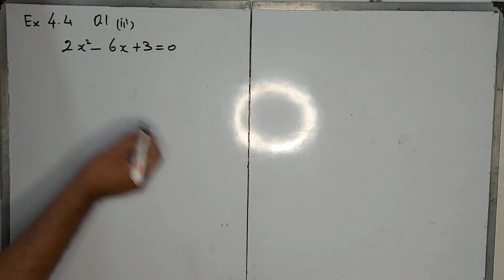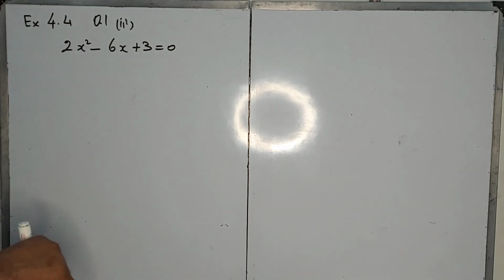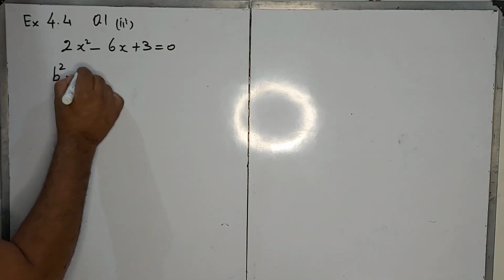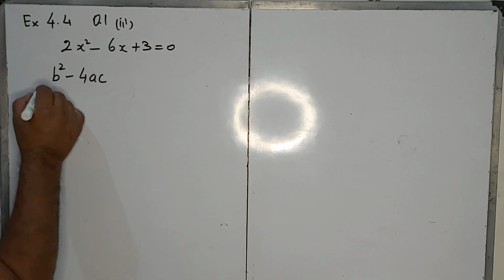Now, for finding the nature of roots, you will first find b square minus 4ac. This is called the discriminant.